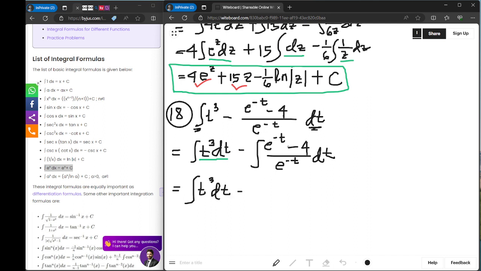Let's try to separate these two. So we have e to the negative t over e to the negative t. Oh, we can cancel it out. Minus 4 over e to the negative t dt. So we can cancel out e to the negative t, and what would be left is 1. And since the exponent is negative, we can make it positive.